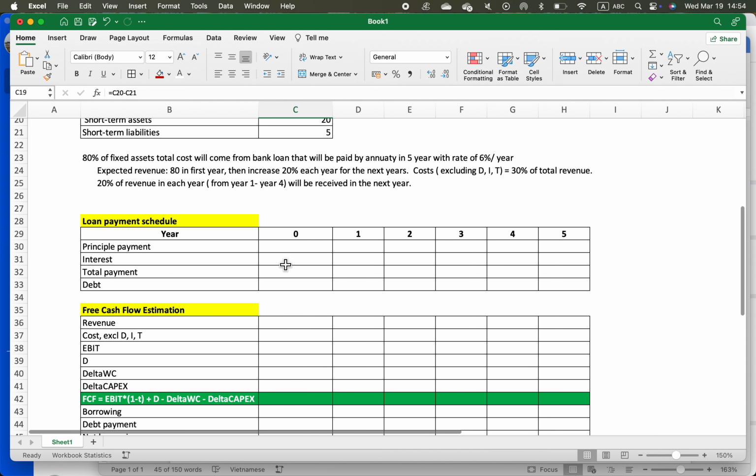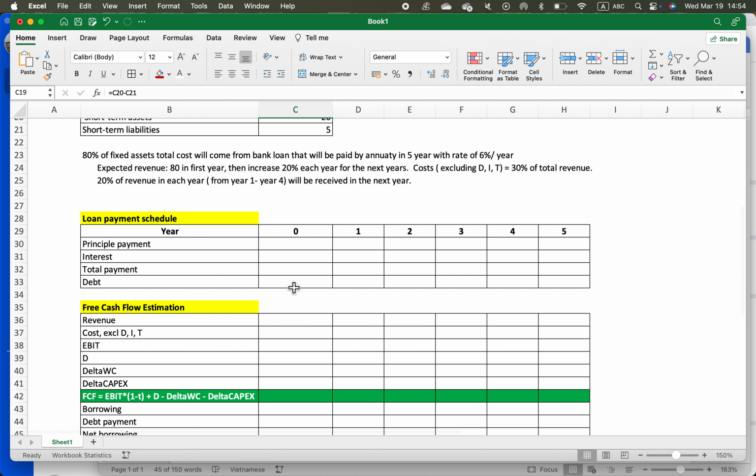So in year 0, which is the point in time that you get the debt, it is equal to what we said in here: 80% of fixed asset total cost will come from bank loan.